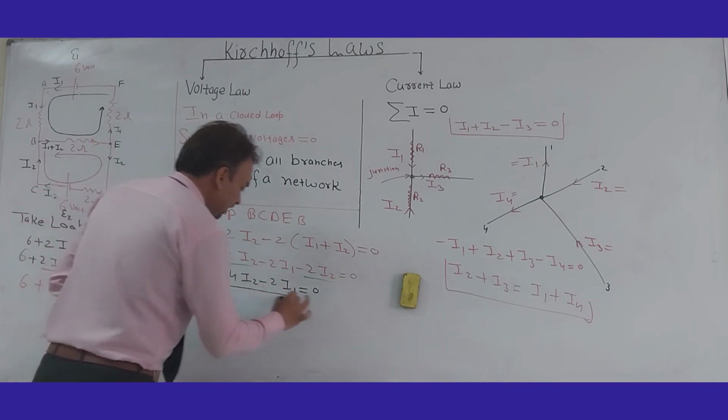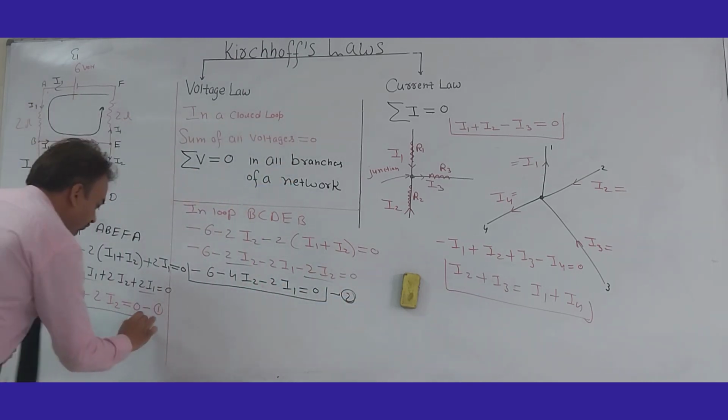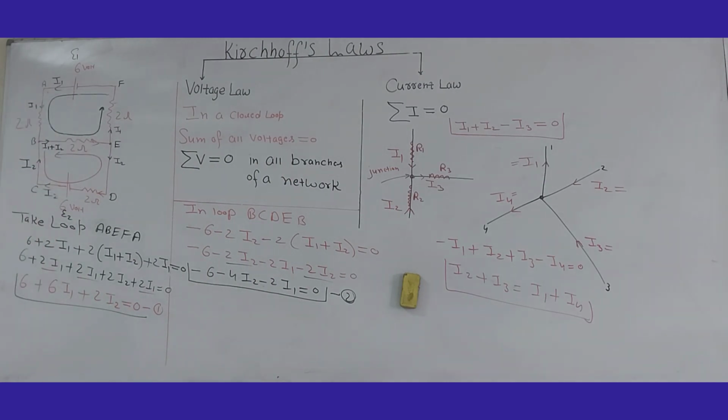Take this as equation 2 and this is my equation number 1. Now it is just a matter of solving these equations to find I1 and I2. I have to cancel either I1 or I2 from these two equations.